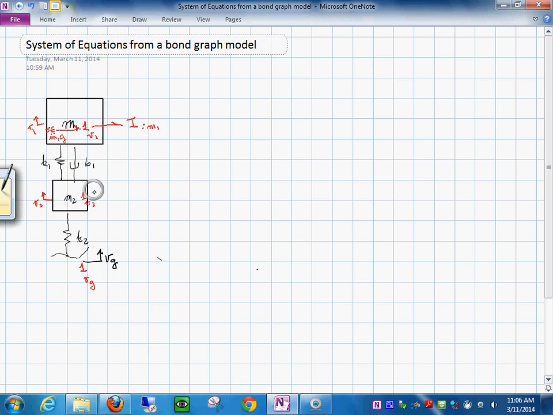Okay, then in here we have the same thing. This would be an I element with value m sub 2 and a source element with the SE, like that.